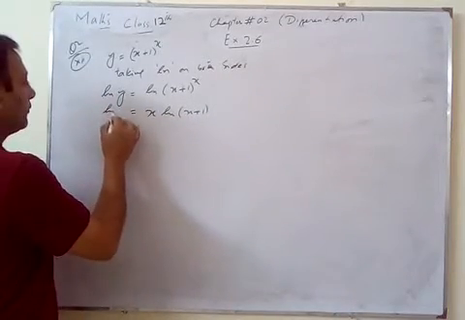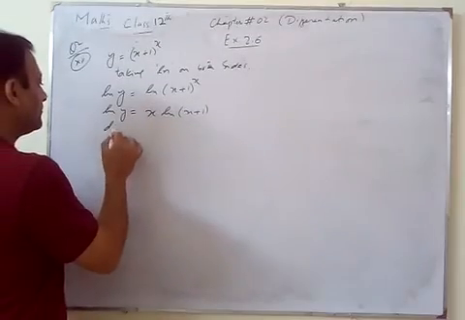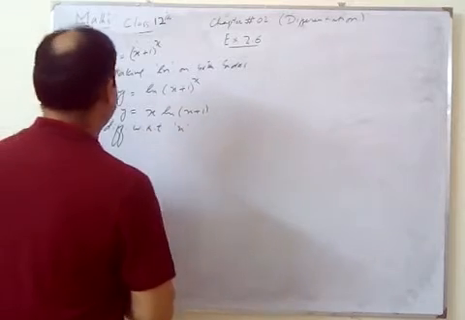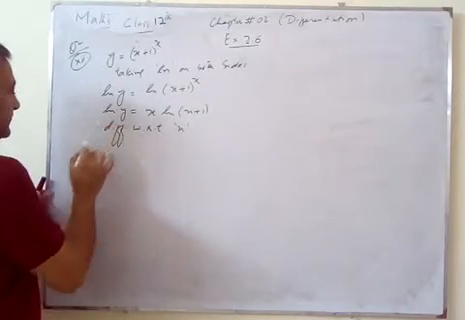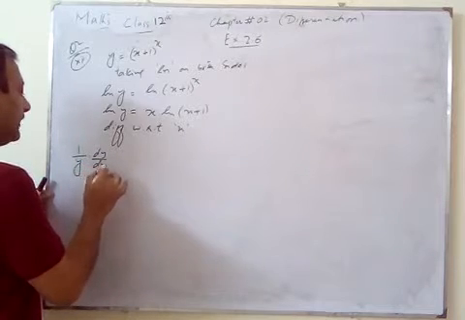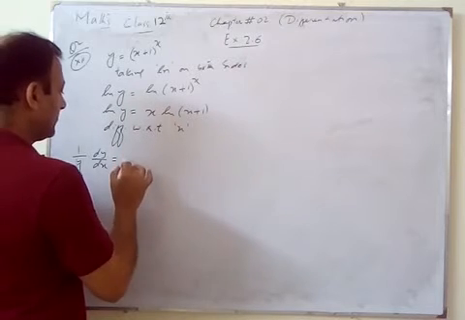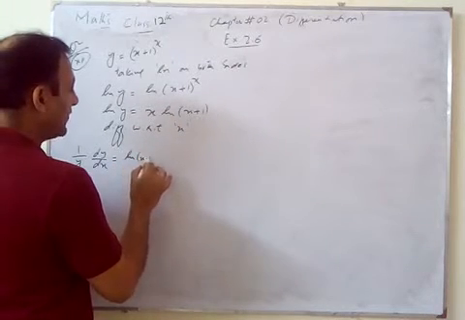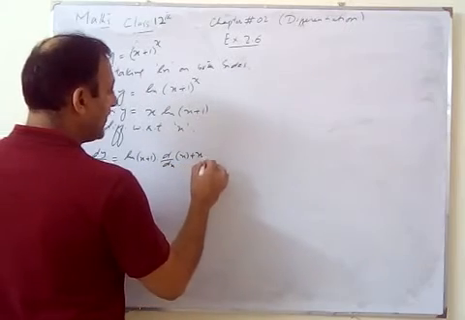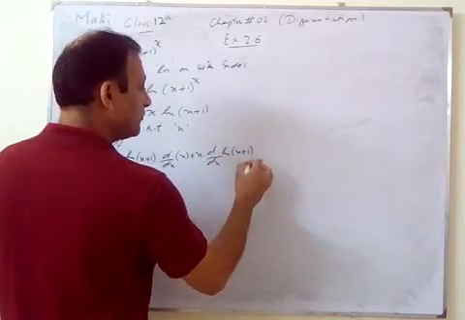Now we can differentiate it easily. Differentiate with respect to x. So the log function is there again. So 1 over y into the derivative of y with respect to x is equal to log of x plus 1 into the derivative of x, plus x into the derivative of log of x plus 1.